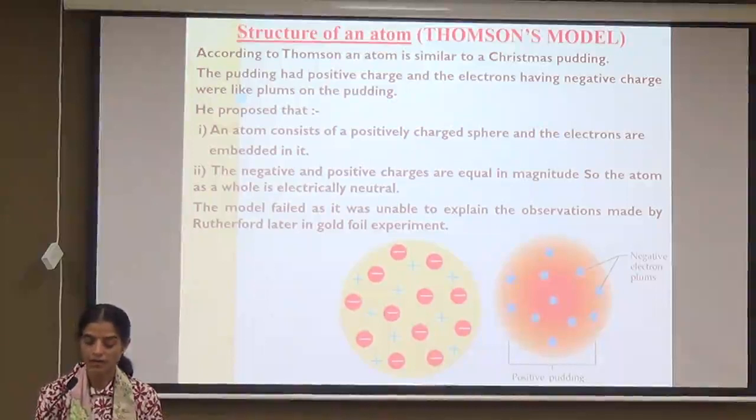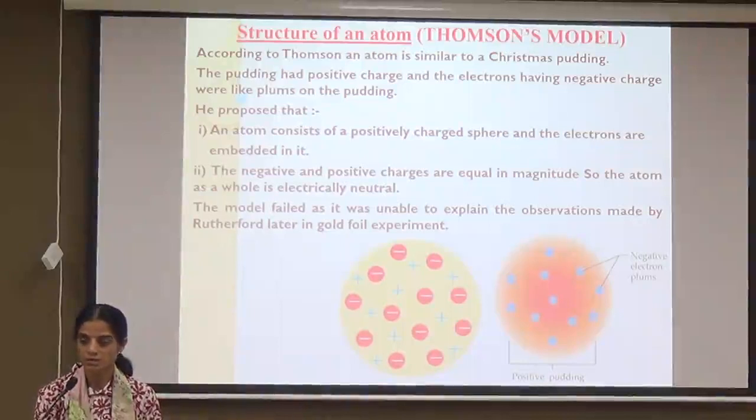Thomson proposed that the atom consists of a positively charged sphere and the electrons are embedded in it. He also stated that negative and positive charges are equal in magnitude, so the atom as a whole is electrically neutral. This model has a limitation.